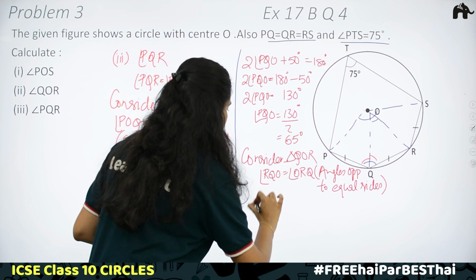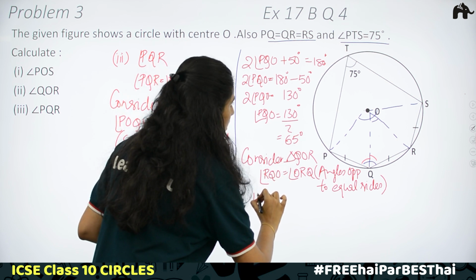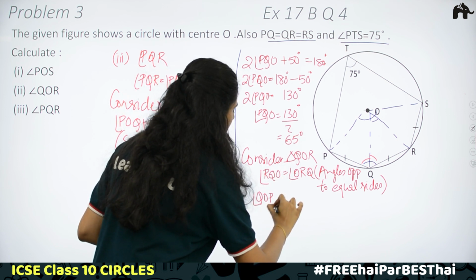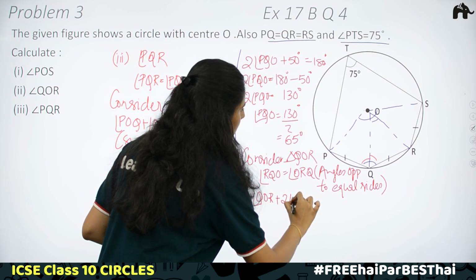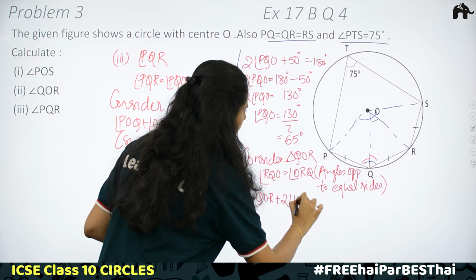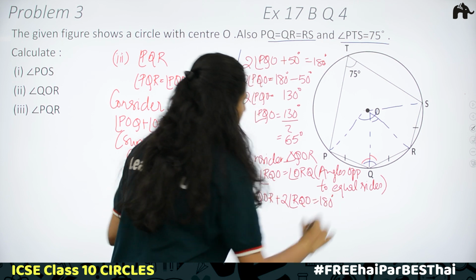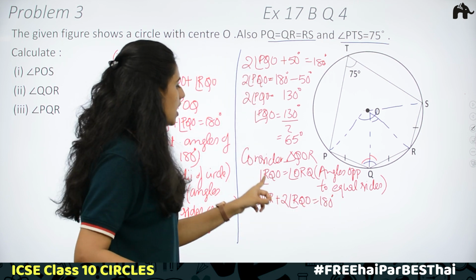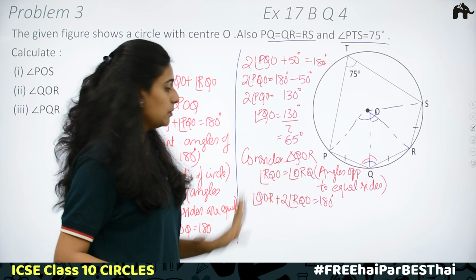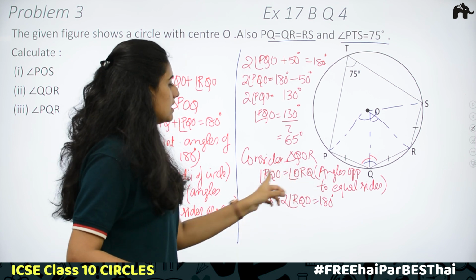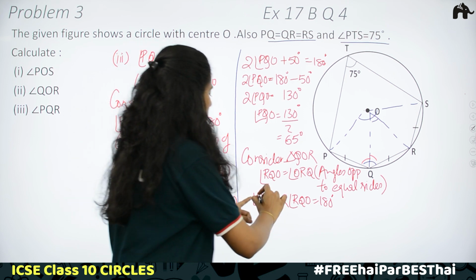That is, we can write angle QOR plus 2 times angle RQO is equal to 180 degrees. I have taken 2 times RQO because RQO plus ORQ can be written as 2 times RQO because they are equal. Now put the value.